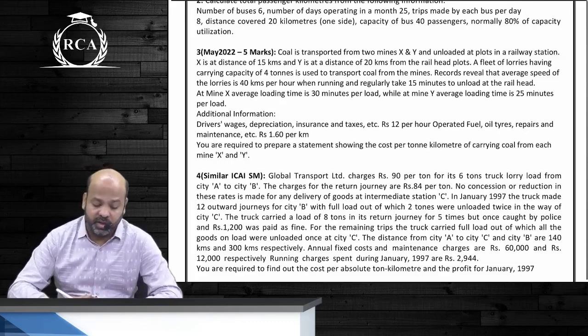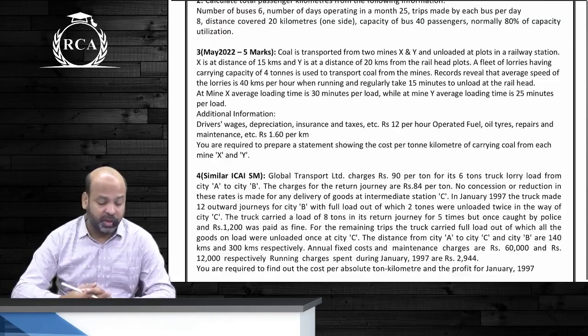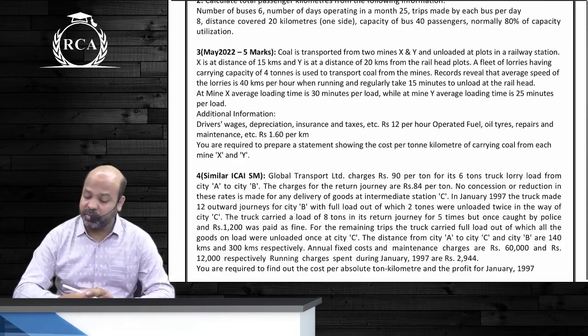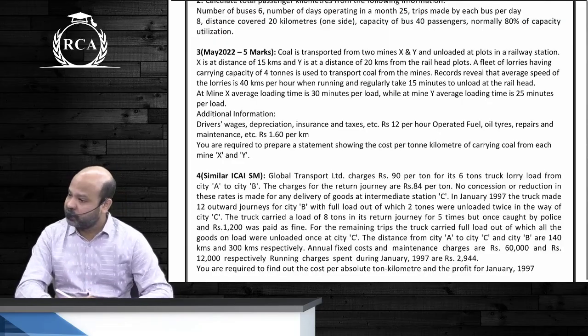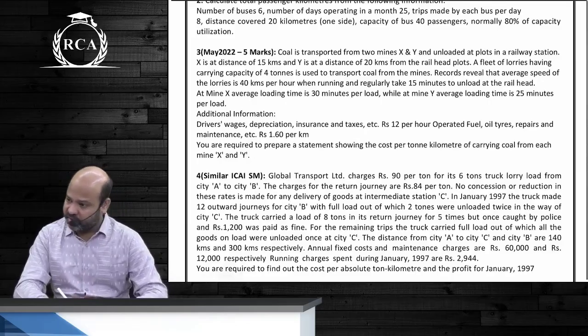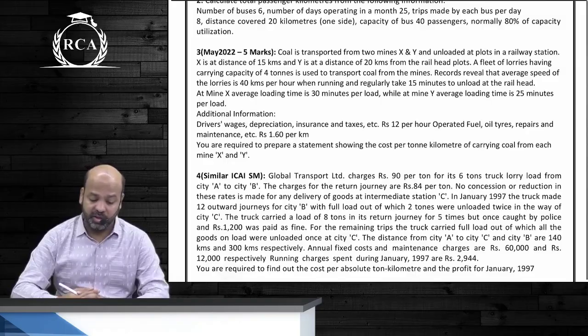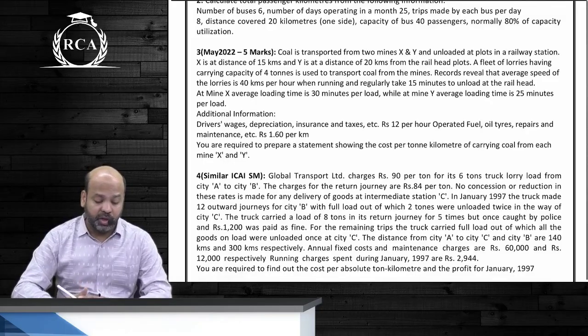X is at a distance of 15 kilometers and Y is at a distance of 20 kilometers from the railhead plots. A fleet of lorries having a carrying capacity of 4 tons is being used to transport coal from the mines. So from the mines you will have to transport the coal to the railway stations, guys. The distance between the mine and the railway station is given. One is at a distance of 15 kilometers, the other one is at a distance of 20 kilometers.